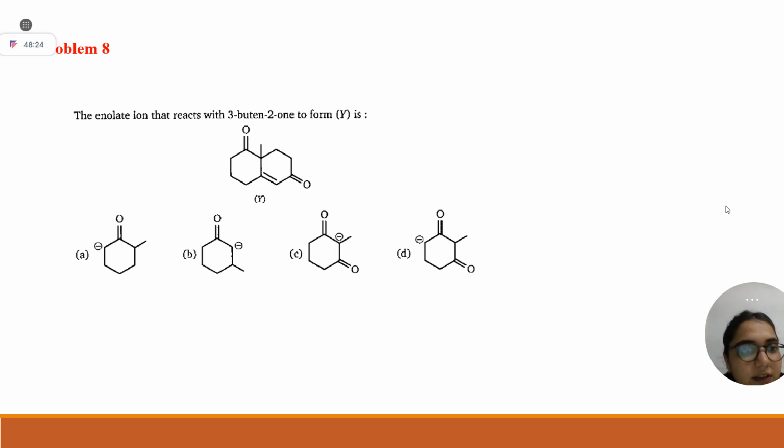Problem number 8. The enolate ion that reacts with 3-buten-2-one to form Y is. First take 30 seconds and read this question and tell me what it is asking.